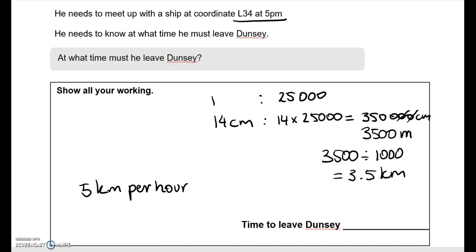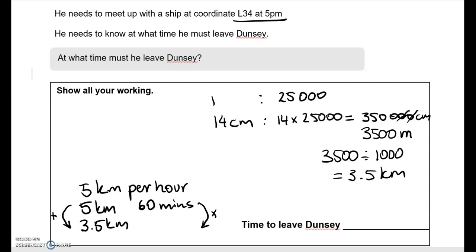So if it takes 60 minutes to do 5 kilometers, then how long does it take to do 3.5 kilometers? So to get from 5 to 3.5, what are we multiplying by?